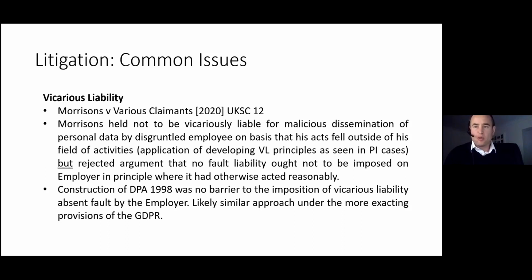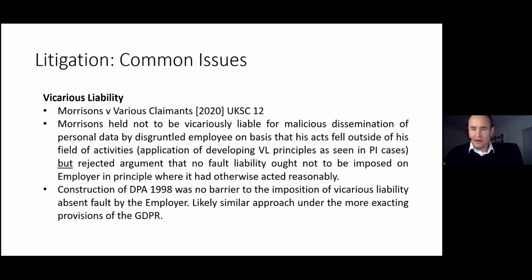Morrison's were arguing that it wasn't vicariously liable for a former data controller, one of its employees who had been a data processor and who disseminated about 100,000 sets of personal data for individuals on the internet because he was disgruntled with Morrison's. The Supreme Court looked at the vicarious liability principles there, beyond the scope of today's talk, and said, yes, that's within his field of activity, so you are vicariously liable for him.